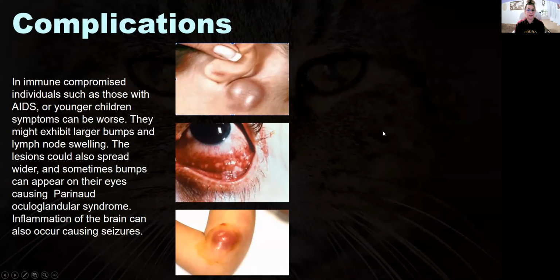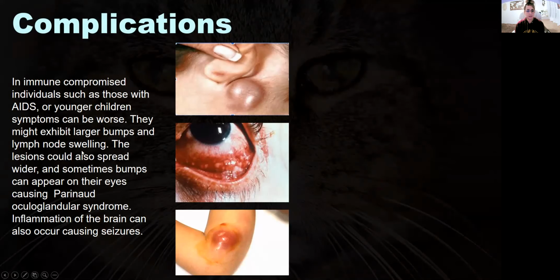Now, for the immunocompromised individuals, such as those that have AIDS or even younger children, symptoms can be worse. Now, they might exhibit larger bumps, such as this one right here, or this one down here. And also lymph node swelling.